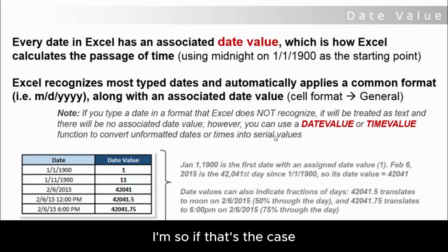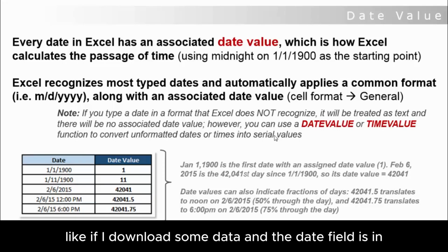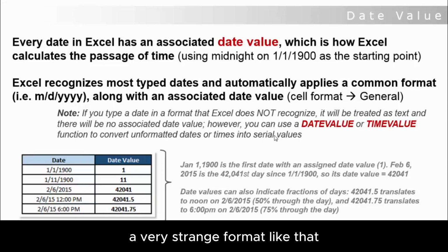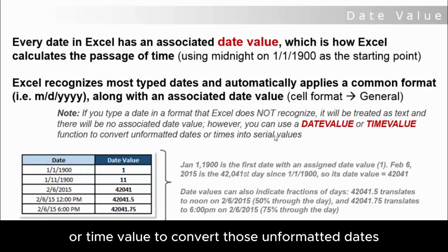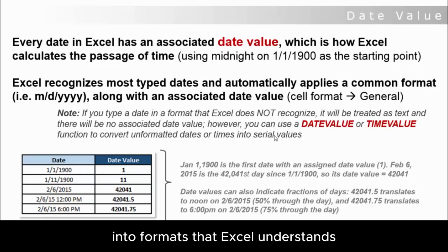So if I download some data and the date field is in a very strange format like that, I'll show you how to use tools like DATEVALUE or TIMEVALUE to convert those unformatted dates into formats that Excel understands.